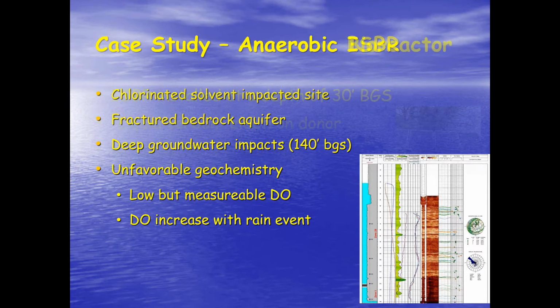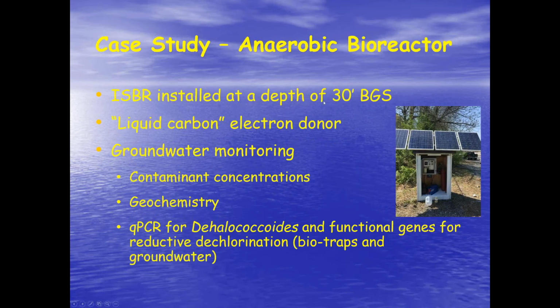So what we did was to install an in situ bioreactor at a depth of about 30 feet. So there's about another 110 feet below the in situ bioreactor. A liquid carbon was used as an electron donor. My colleague Eric Reyes could probably tell us what that was, but basically it was a fermentable carbon source.